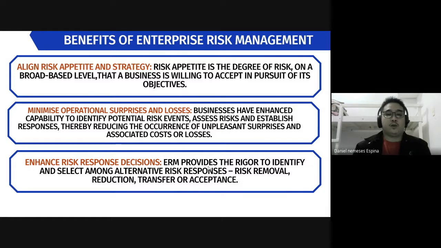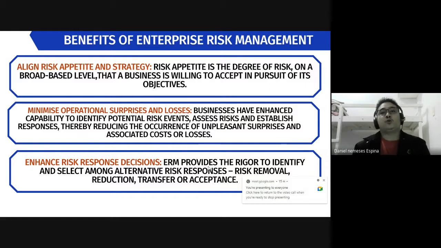For example, if there's a fire, let's say we are preparing for fire, so we are conducting the fire drill every year. So when the time comes that a fire would eventually break out, the employees are prepared, and probably the assets are already insured. Therefore, the impact of that preparedness will decrease the possible losses compared to an incident where we are not prepared.